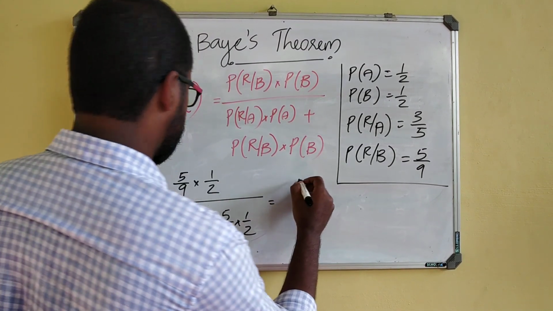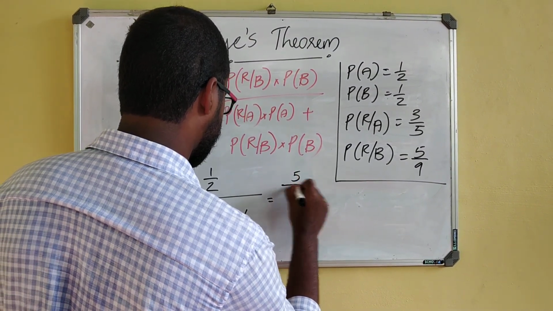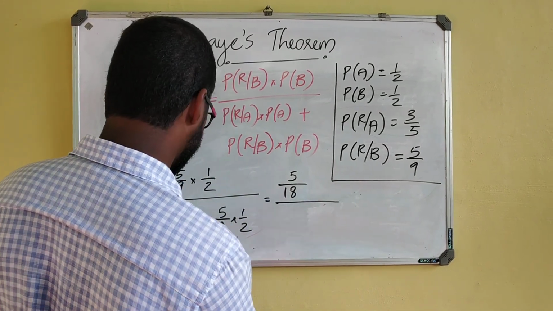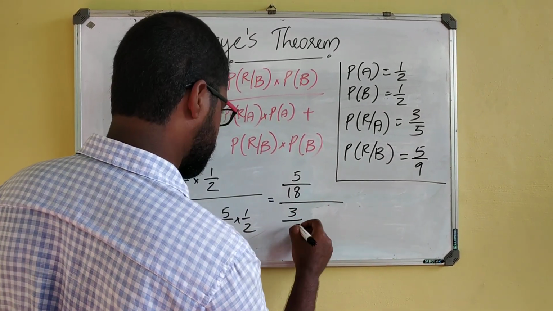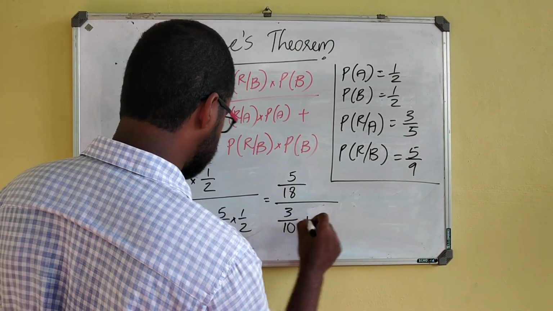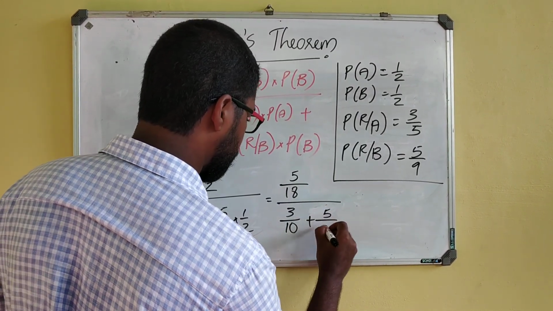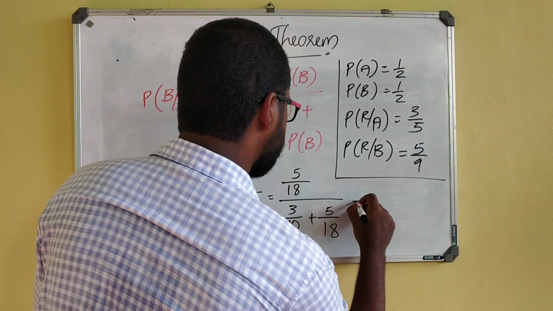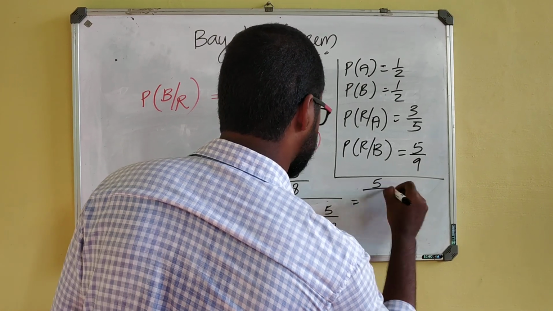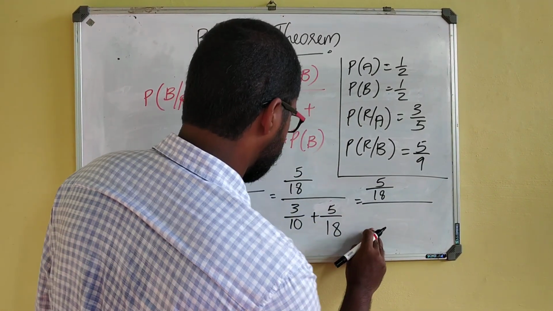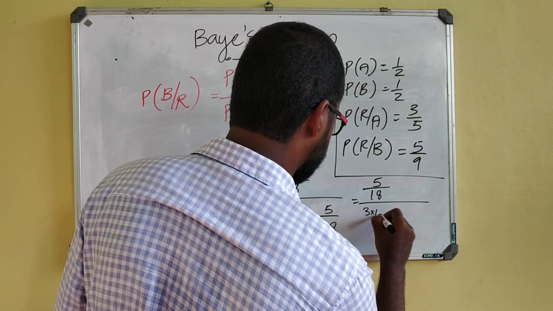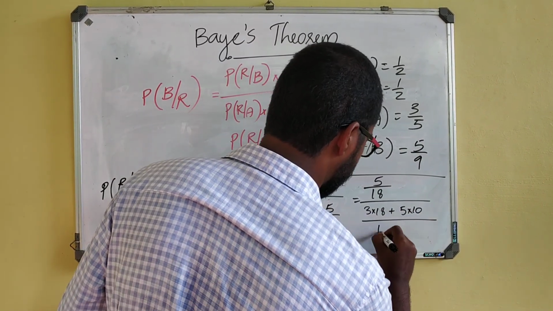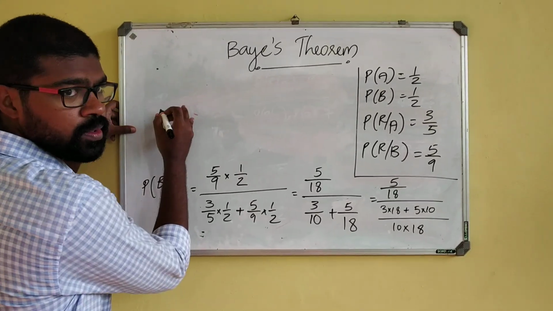So it is 5 by 18 divided by 3 by 10 plus 5 by 18. Okay, and when we do the cross multiplication, we will get 3 into 18 plus 5 into 10, all divided by 10 into 18.